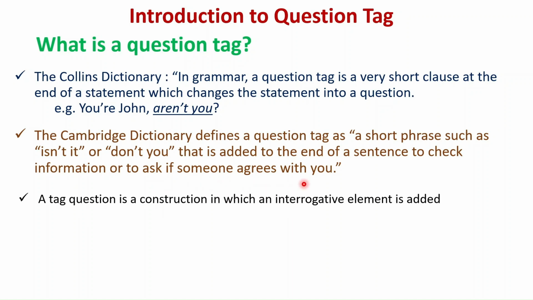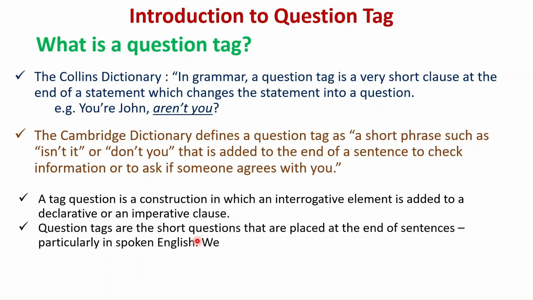Therefore, we can say that a question tag is a construction in which an interrogative element is added to a declarative or an imperative clause. In the beginning there is an imperative or declarative clause, and at the end of such clauses we add a question tag and it makes the sentence interrogative.